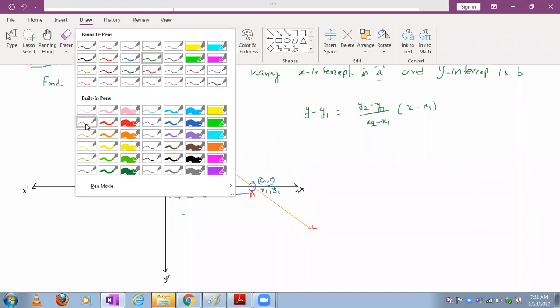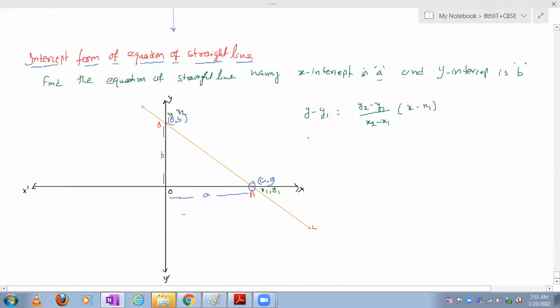Tell me, what should I write? y minus y1, that is y minus 0, is equal to y2 minus y1, that is b minus 0, divided by x2 minus x1, that is 0 minus a, whole into x minus x1, that is x minus a.